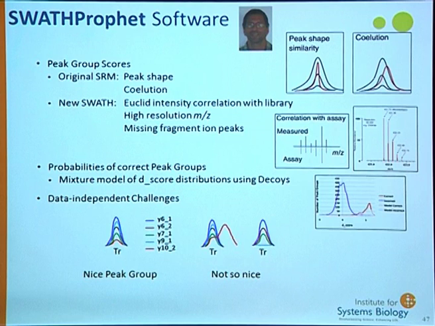Yeah, they use the same scoring system. Some of the scoring is similar to the one from SRM. So it does use peak shape and coelution, which is depicted here. However, it can use some additional scores. It has high resolution m/z, and it doesn't look only at one mass, but it has the full MS2 spectrum.